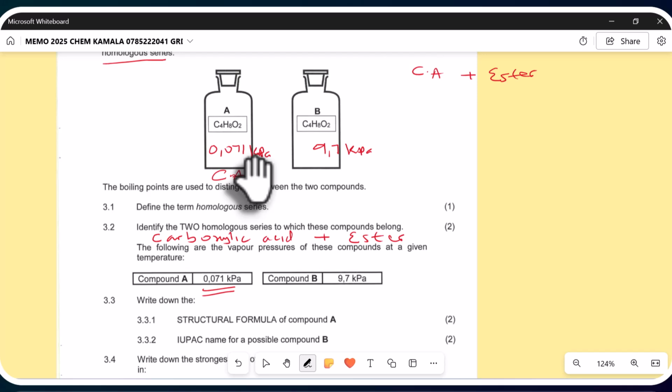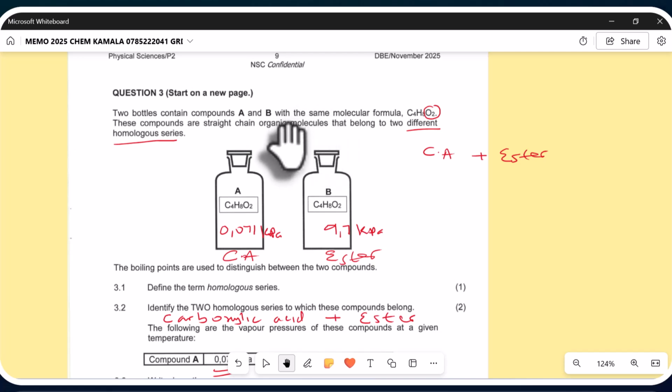Now then compound B, they're asking for a possible name of compound B. Compound B is an ester. Because there are 4 carbon atoms, we can use 2 carbons for the carboxylic acid part and the other 2 from the alcohol. So we can say it is ethyl ethanoate.